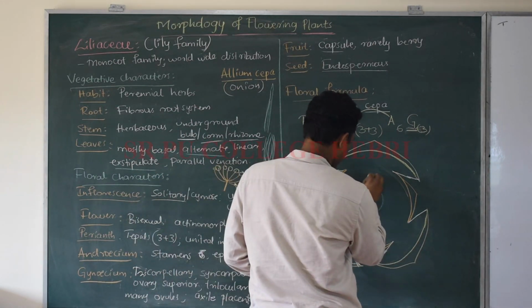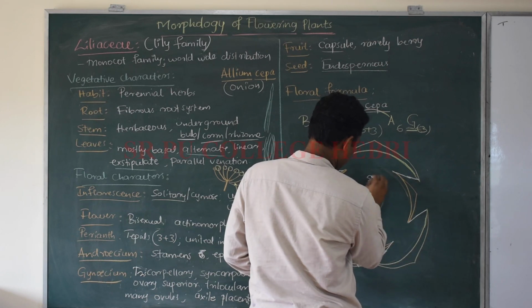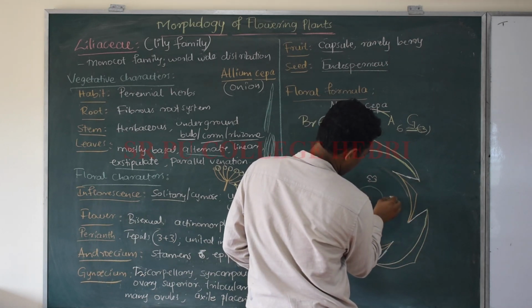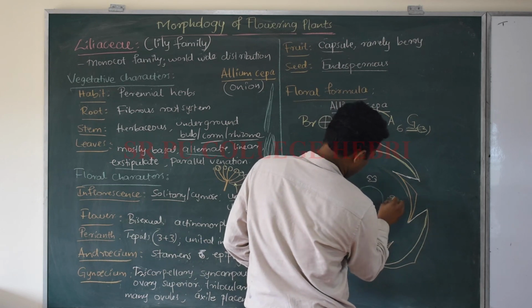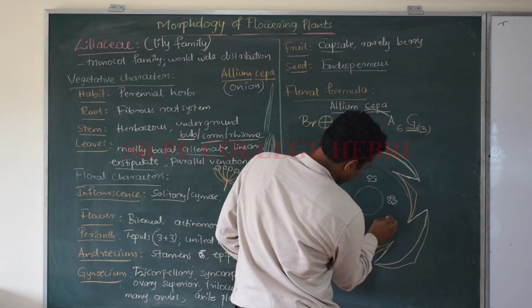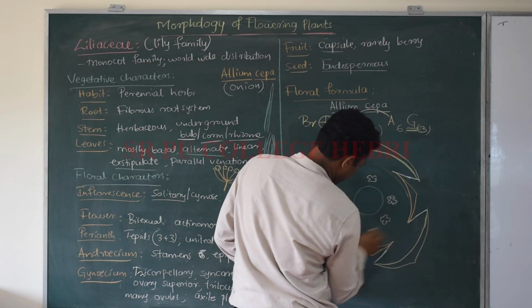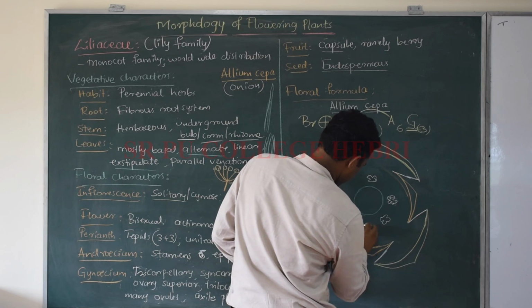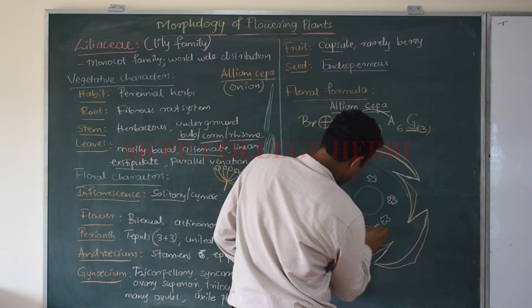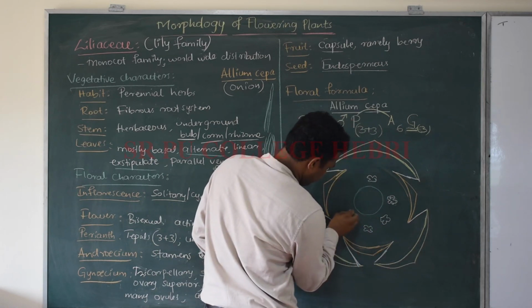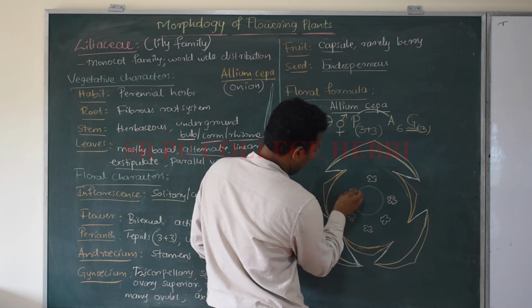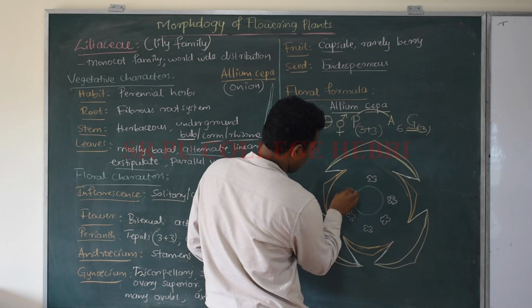So you just draw 6 stamens first. 1, 2, 3, 4, 5 and 6.